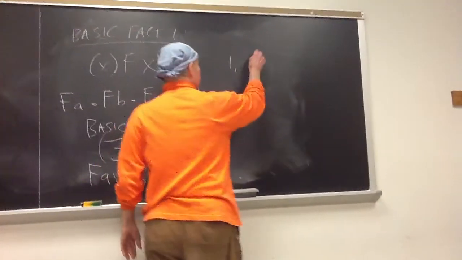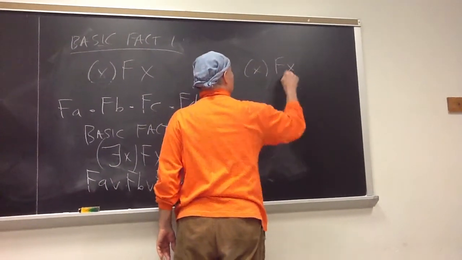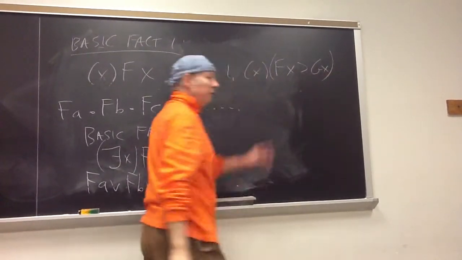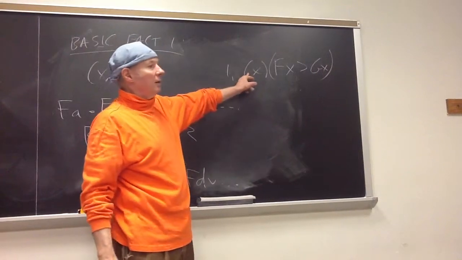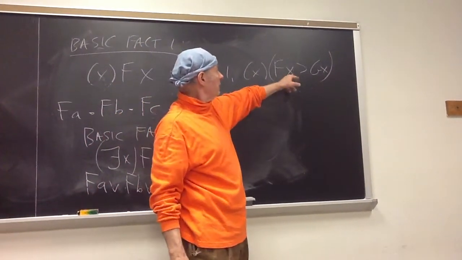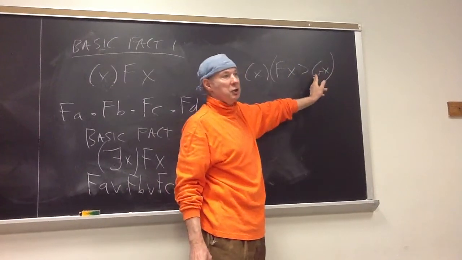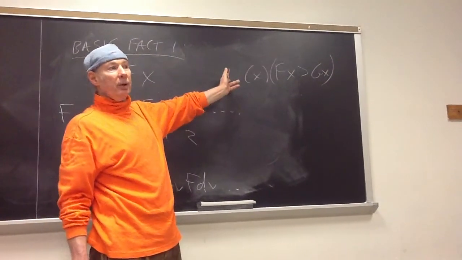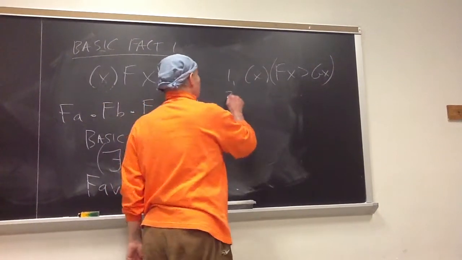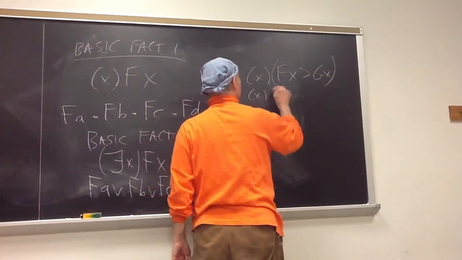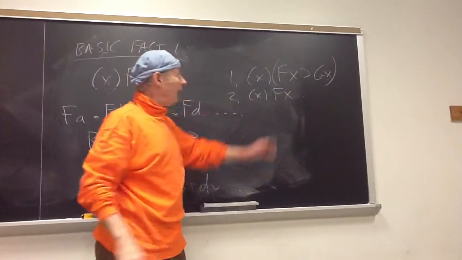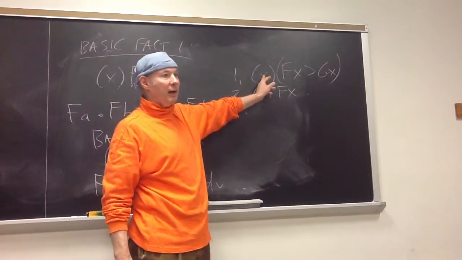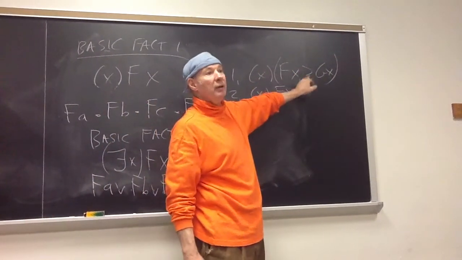So suppose I have a quantified expression: for all x, x is such that if it has F, then it has G. Well, in my proof, I would like to do modus ponens, but I can't because the quantifier has larger scope than the horseshoe.